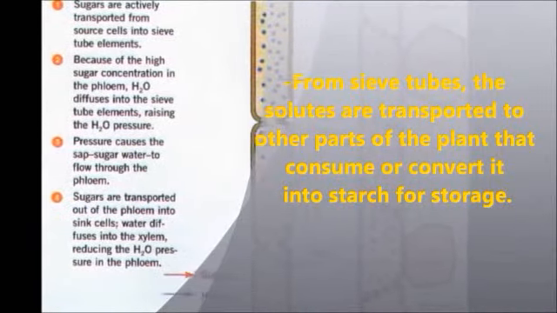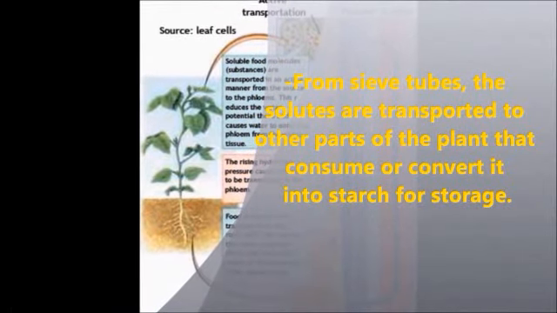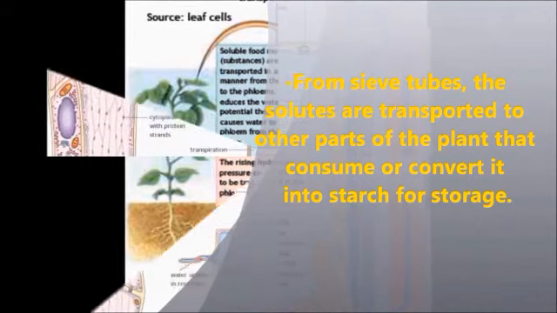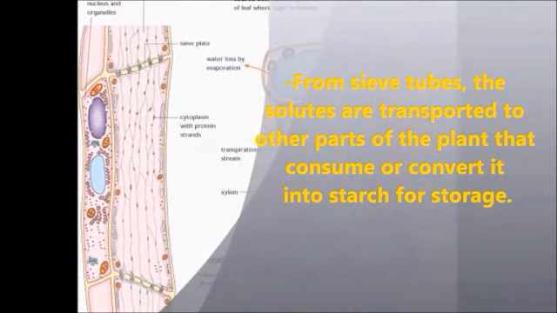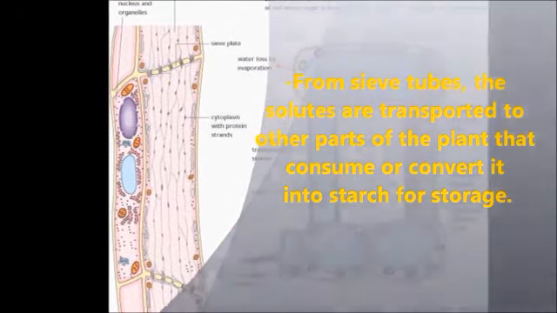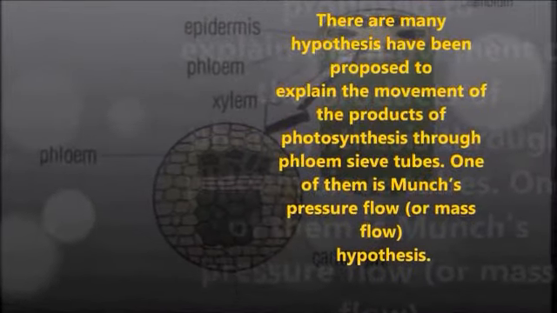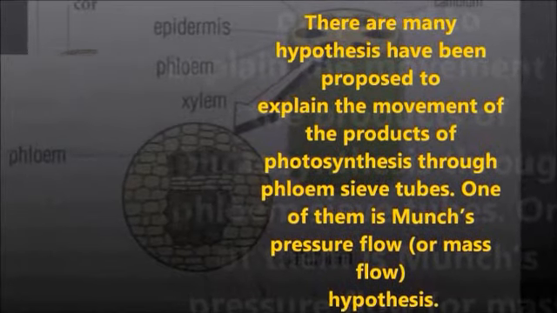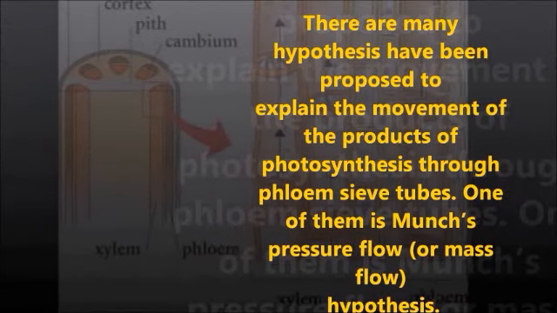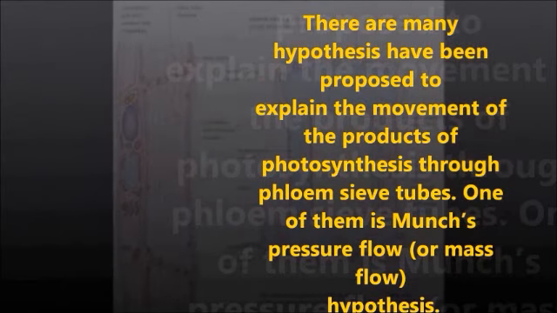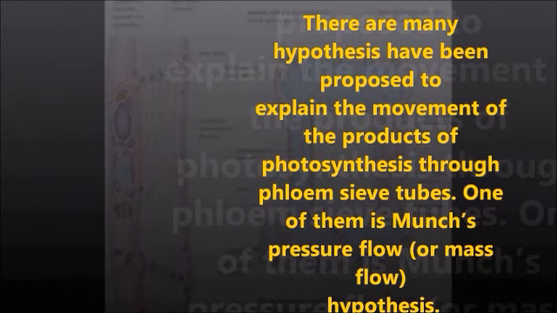From sieve tubes, the solutes are transported to the other parts of the plant that consume or convert them into starch for storage. Many hypotheses have been proposed to explain the movement of the products of photosynthesis through the phloem sieve tubes.